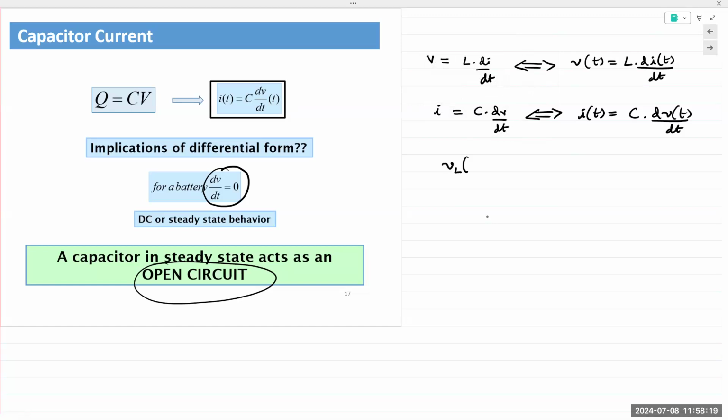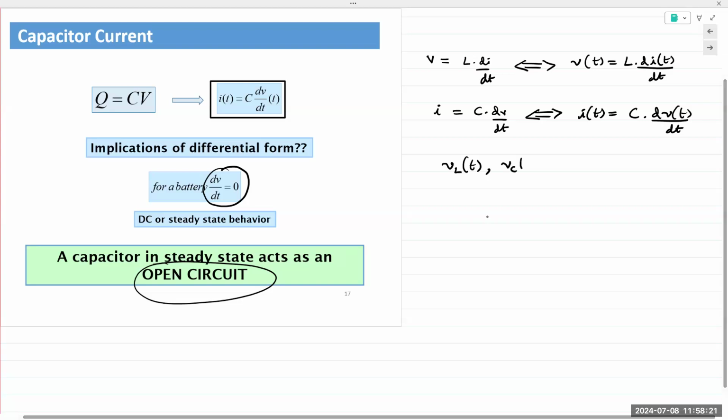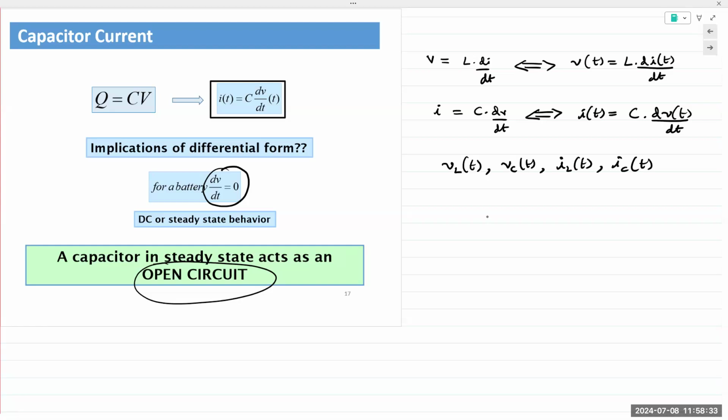This could be VL of t or VC of t or IL of t and IC of t. If you have more than one inductor, it would be L1, L2, L3, capacitor C1, C2, C3. They're all pretty much the same. There's no difference between them. So sometimes it'll just be VC, VL without the t or function of time. Sometimes it would be a function of time, but they all mean the exact same thing. All right, let me know if you have any questions.